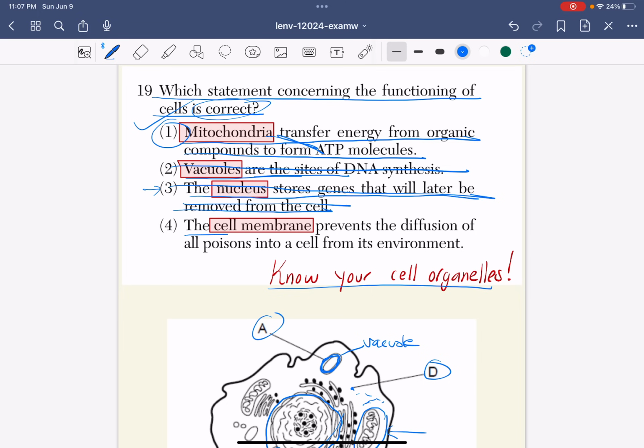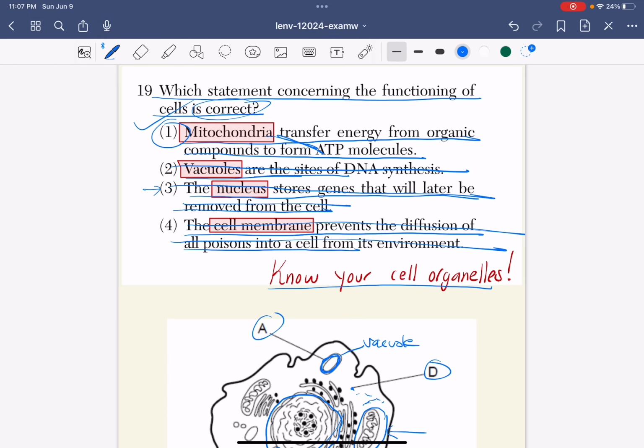Choice 4, the cell membrane prevents the diffusion of all poisons into a cell. Nope. That's incorrect because the cell membrane controls what enters and leaves a cell, but it doesn't choose, oh, this is good, this is bad, this is poison, this is arsenic.